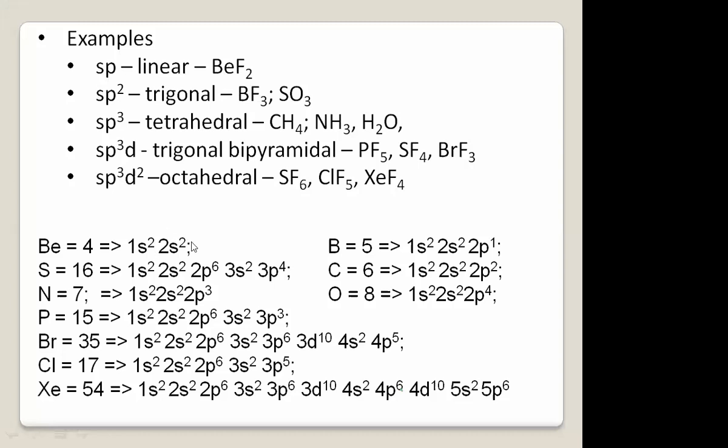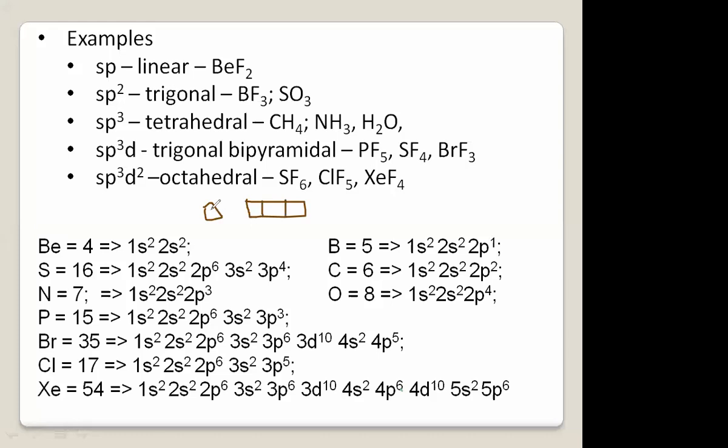Beryllium has 1s2, 2s2. Now, when it wants to form hybrid orbitals, you have the s orbital and the p orbital that has 3 subshells.